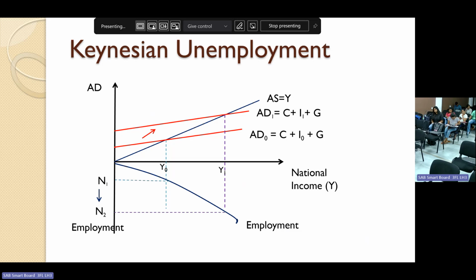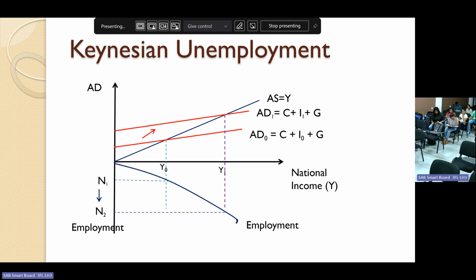And if you look at Keynesian unemployment, Keynes talks about aggregate demand. If we raise aggregate demand, for example, here the aggregate demand curve shifts upward to the right, due to rising investment from I0 to I1.